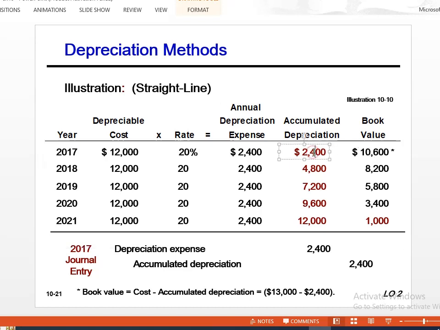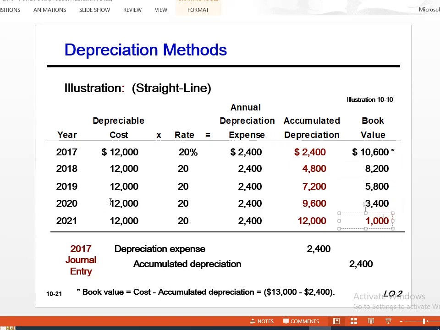Accumulated depreciation is 2,400. 13,000 minus 2,400, that is 10,600. At the end of the second year, cost is still 13,000, but accumulated depreciation is 4,800. So cost 13,000 minus 4,800, I get book value for the second year. And likewise we will do for third year, fourth year, and fifth year.